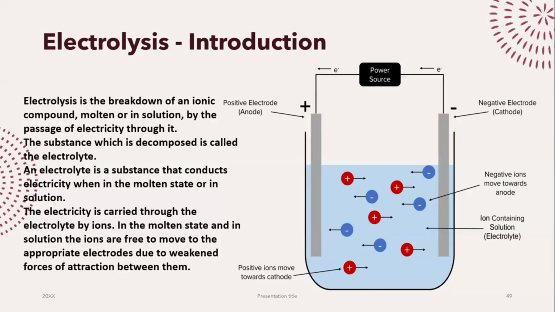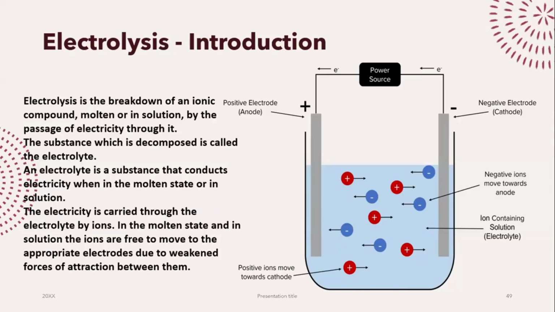Now, for electrolysis, we obviously have a condition. That ionic compound either has to be in the form of a solution or it has to be molten, right? Why? Because we need free charged particles to allow the conduction of electricity. If I want electrical current to pass through, I need those positive and negative ions to be free.